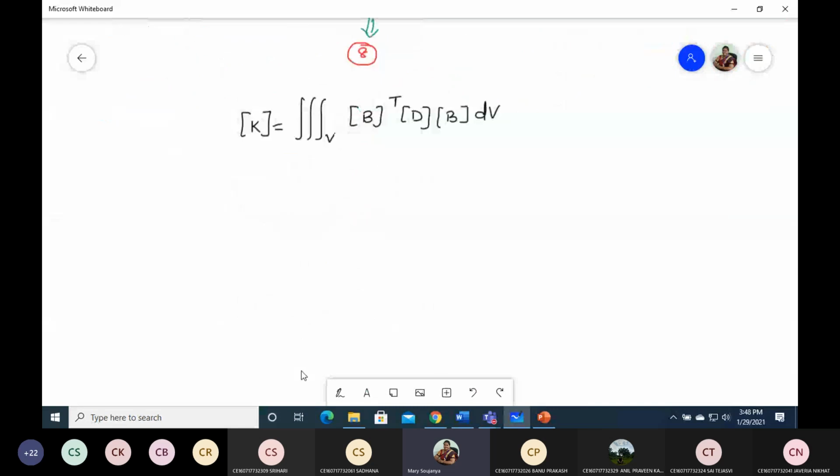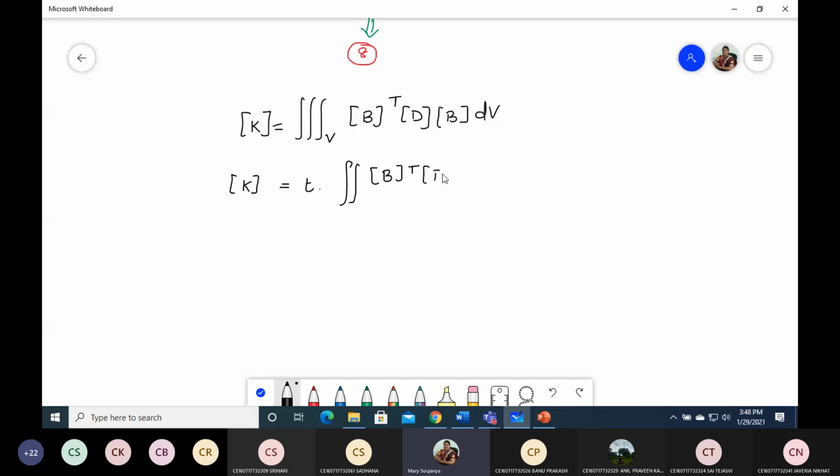Now for this case, taking thickness as T. If T is the thickness, T into 2D element only, no? So B transpose D B matrix dou X into dou Y. Okay, taking T as thickness.